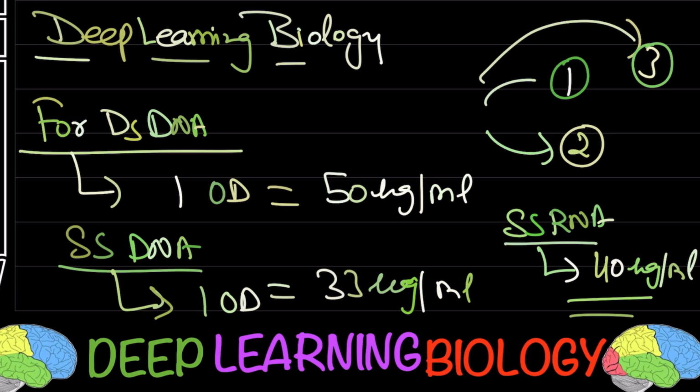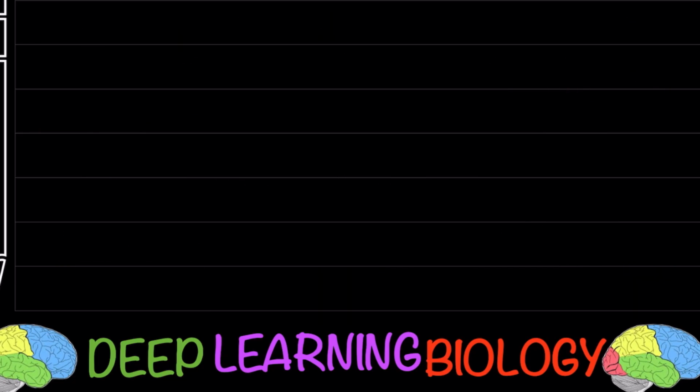Using this information you can easily calculate the concentration of DNA, whether it is double stranded DNA, single stranded DNA, or RNA if it is single stranded RNA. Now let us try to solve one numerical problem.